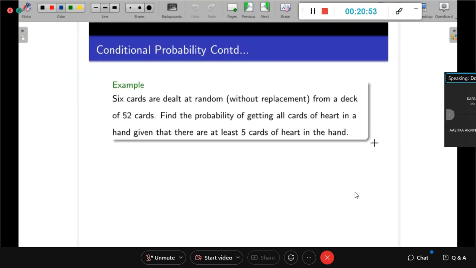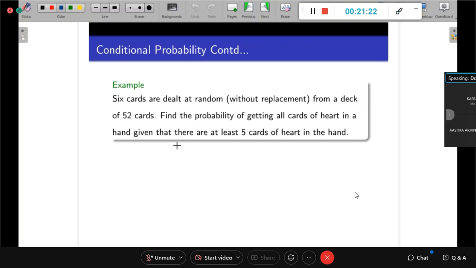Right, now let's move to the next problem. Let's take this example. 6 cards are dealt at random without replacement from a deck of 52 cards. Find the probability of getting all cards of heart in hand, given that there are at least 5 cards of heart in the hand.